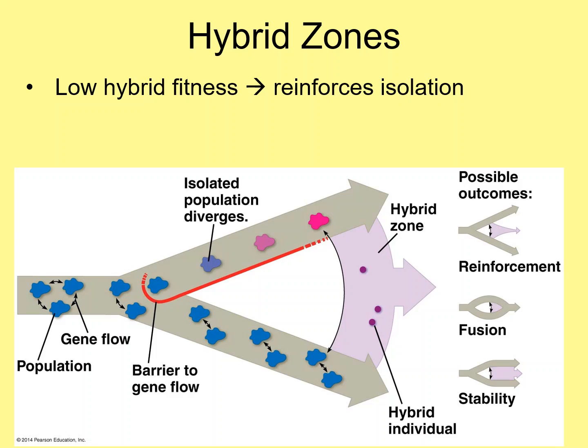So here on the bottom trajectory, we have the remaining two populations that keep interbreeding with each other, and any changes are going to be shared between them. So they're essentially evolving along this particular pathway. It's not to say that evolution is not happening, it certainly is. But any changes are isolated to these populations and are not being shared with this one over here, which has essentially gone its own direction, right?